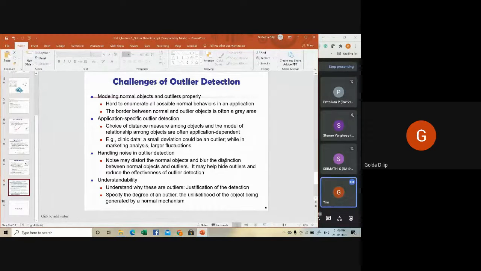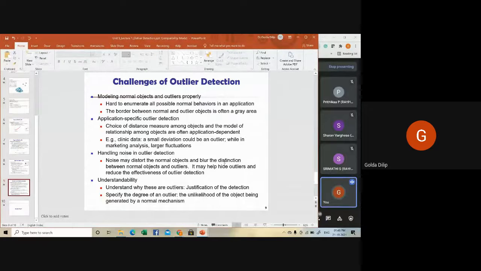In the case of certain methods, for a particular object, they may clearly earmark it as normal or outlier, whereas certain other outlier detection techniques, rather than a hard boundary like normal and outlier, assign each object some sort of score value.